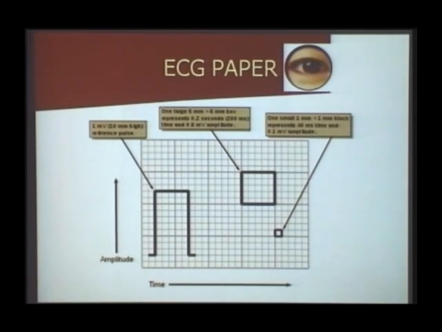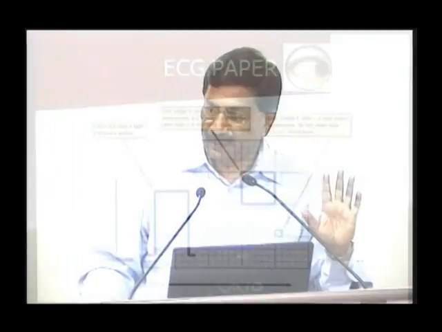So, this is your 1 millivolt standardization and the ECG speed of recording is 25 millimeters per second. Only then whatever I am going to say subsequently is going to be correct.